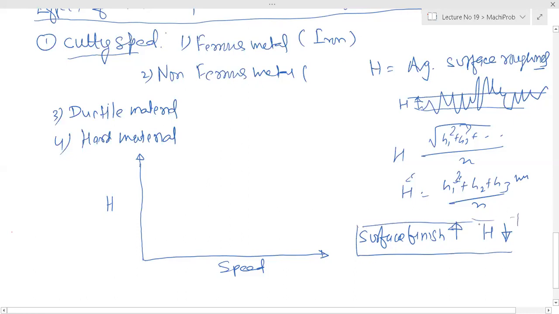If H increases, it means surface finish is poor.